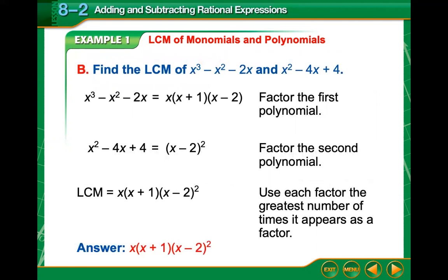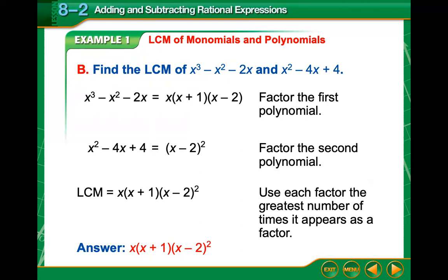We have one more example for least common multiple: x cubed minus x squared minus 2x, and x squared minus 4x plus 4. These are polynomials instead of monomials, so we factor both of them first. Our first one factors into x times x plus 1 times x minus 2.